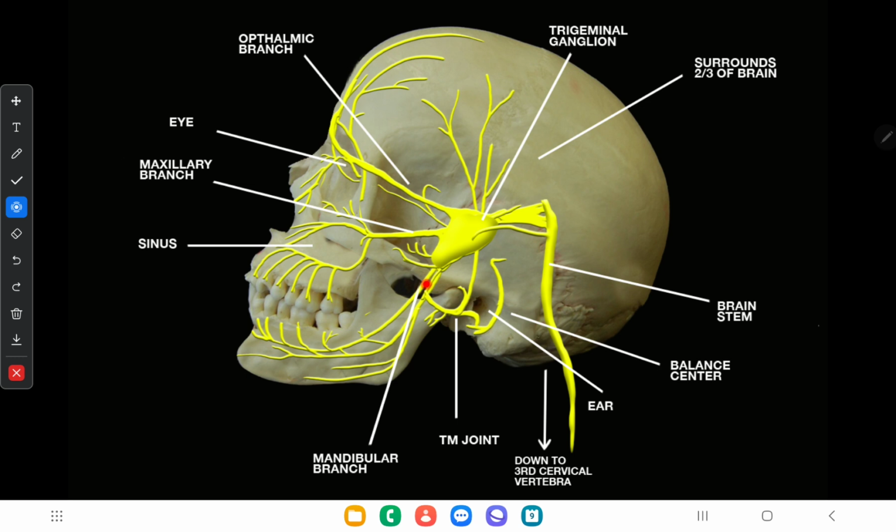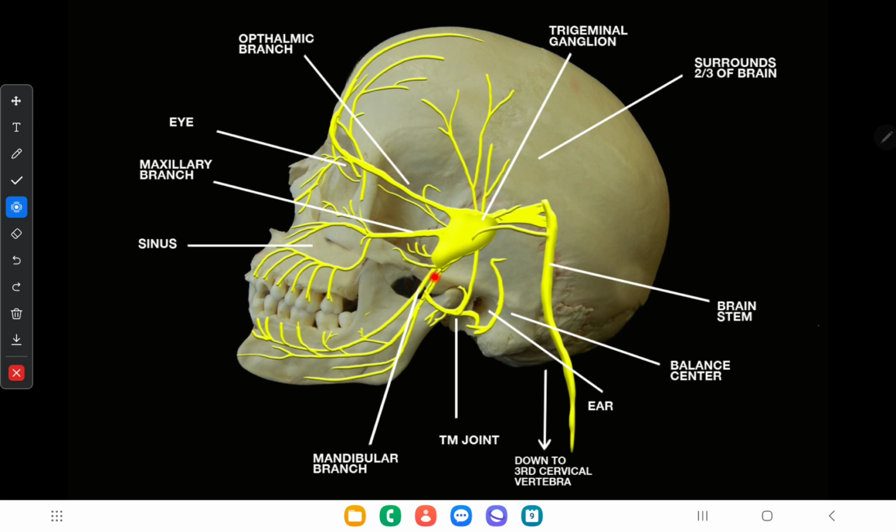Then the intracranial course of the mandibular nerve. The mandibular nerve is the largest of the three divisions. It is a mixed nerve, which contains both sensory and motor fibers.